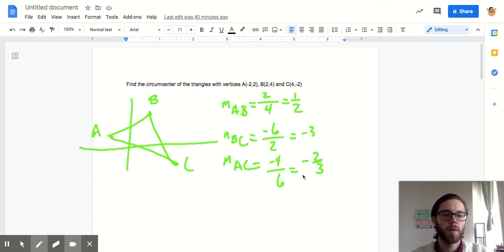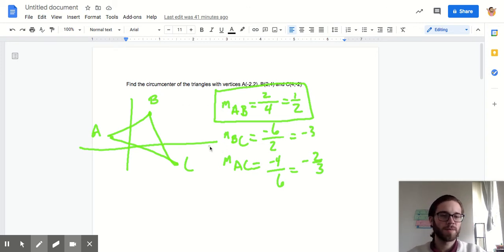Okay. So just looking at these, I'm going to pick definitely this one, because when I flip it, I'm going to get a pretty nice slope for the perpendicular line. And then I'm also going to take this one, I think, because this one is a fraction. This one's not. It's really a matter of personal preference.